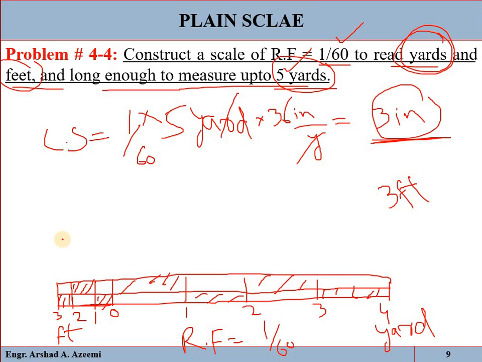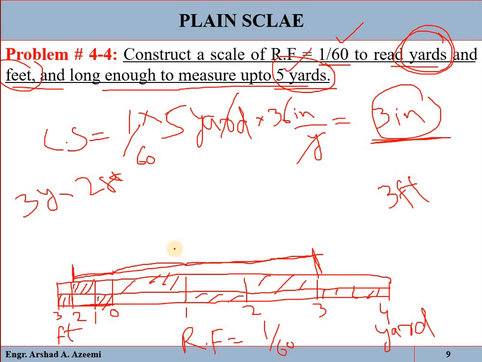Now for example, if someone wants to take the dimension of 3 yard and 2 feet, from this point, 1 yard, 2 yard, 3 yard, 1 feet, and 2 feet. If in the drawing you have this much distance, in reality it will be equal to 3 yard and 2 feet.